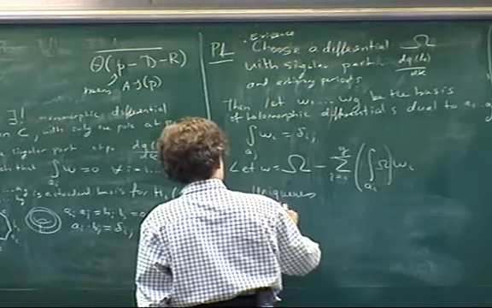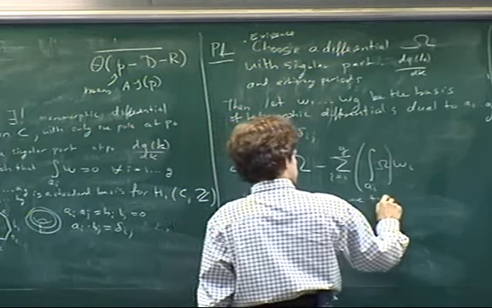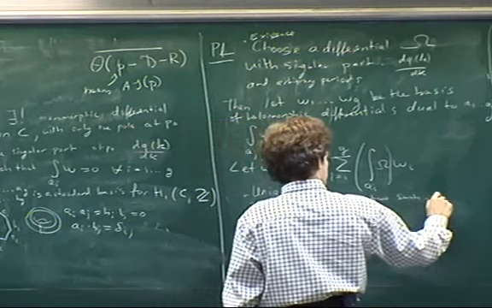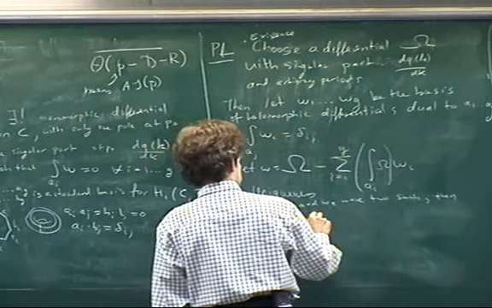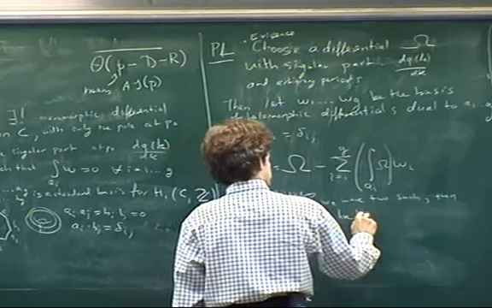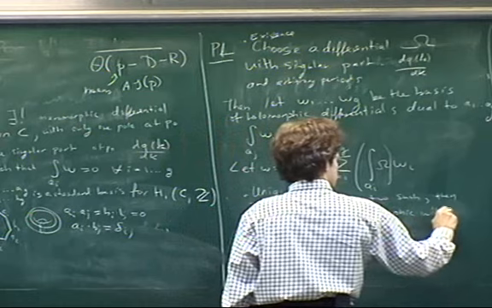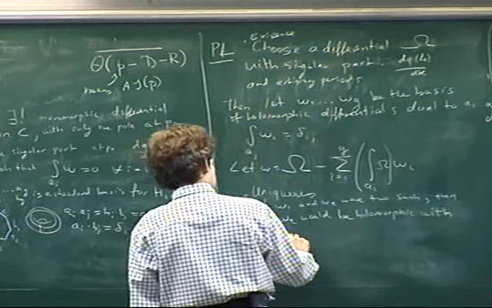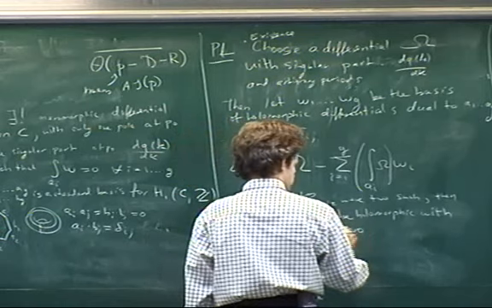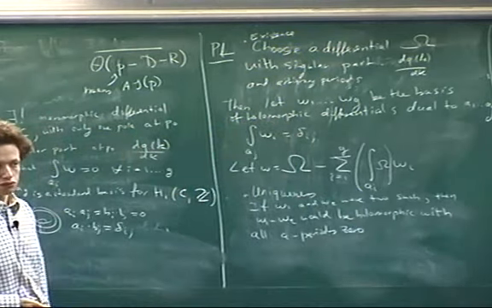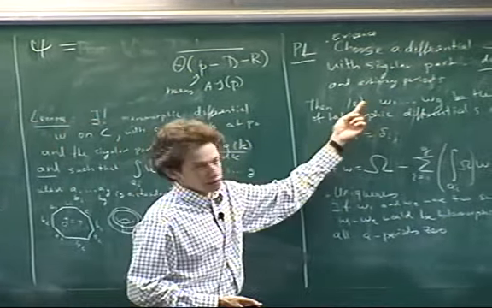So if omega 1 and omega 2 were two such ones, then of course omega 1 minus omega 2 would be holomorphic, with all A periods 0. Which is impossible because these guys are a basis.